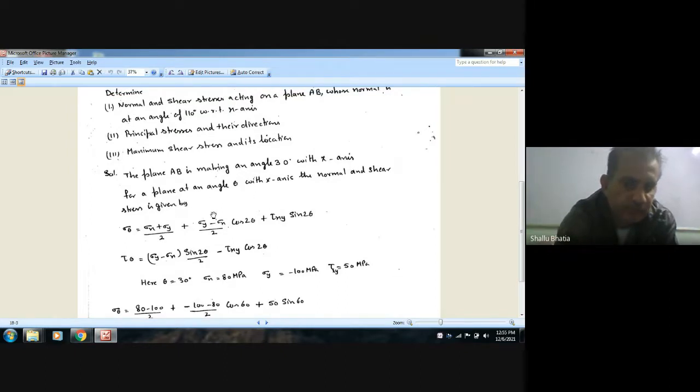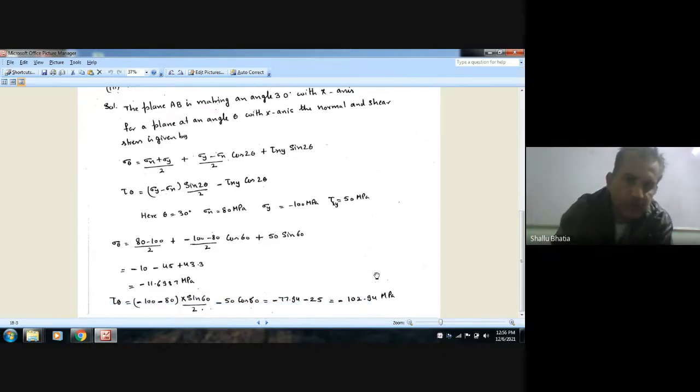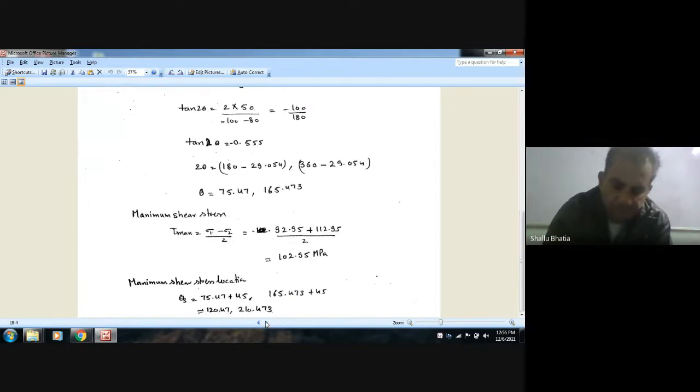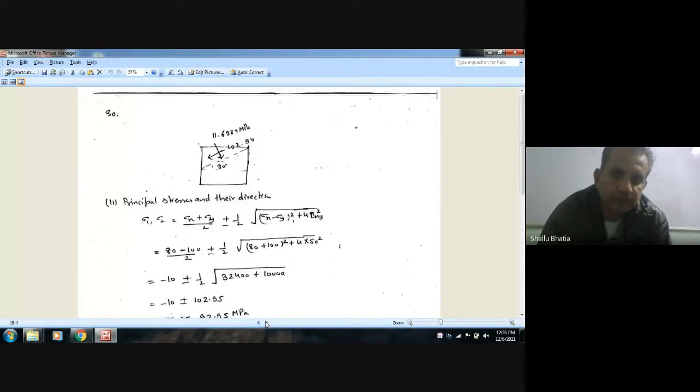We have the formula for sigma theta and tau theta, and we put theta equal to 30 degrees and find sigma theta and tau theta. So this is sigma theta, compressive, and this is tau theta.